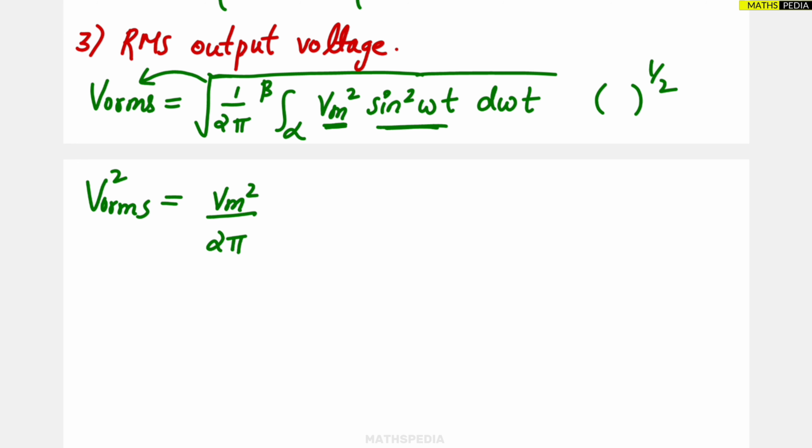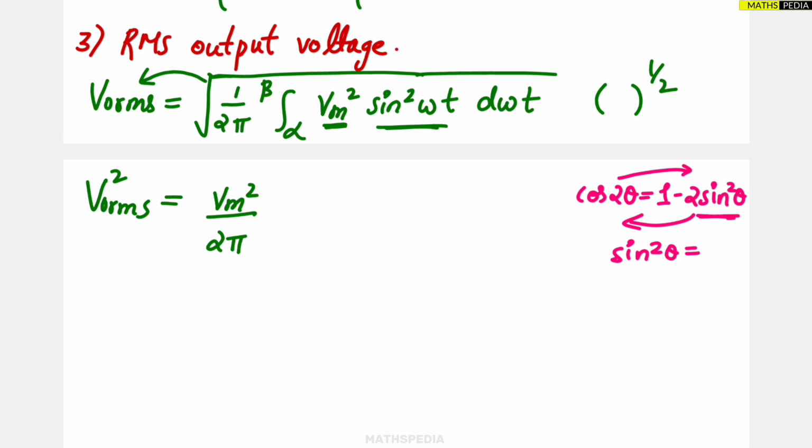What we are going to use is the formula of cos 2 theta, which is equal to 1 minus 2 sine square theta. Now I need sine square theta, so I shift this side and this side. So sine square theta is equal to (1 minus cos 2 theta) by 2. This formula we are going to apply.